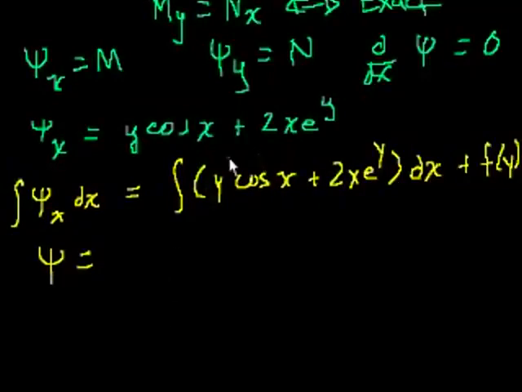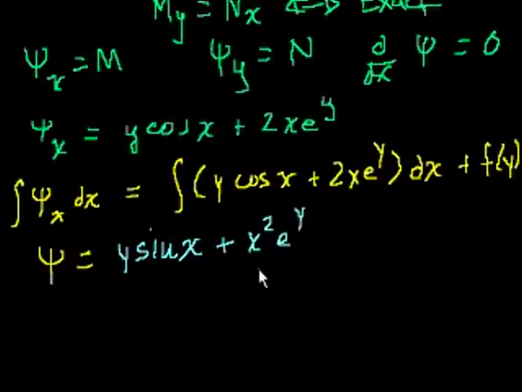I'll do it in blue. So y is just a constant. So the antiderivative of y cosine of x is just y sine of x, plus e to the y is constant, so 2x. The antiderivative of 2x with respect to x is x squared, so it's x squared e to the y, and then plus some function of y.